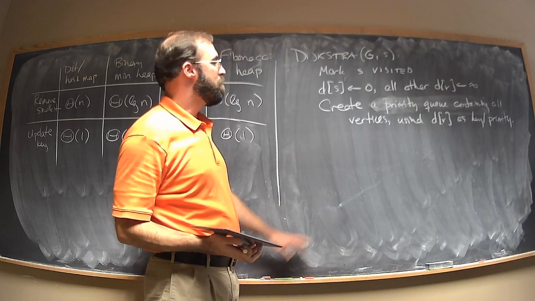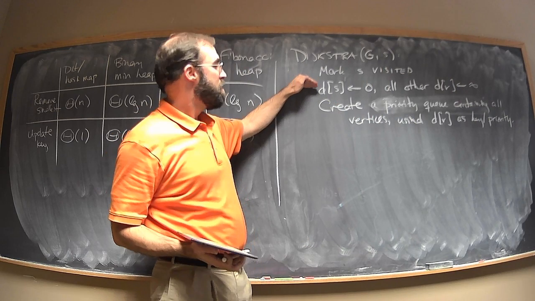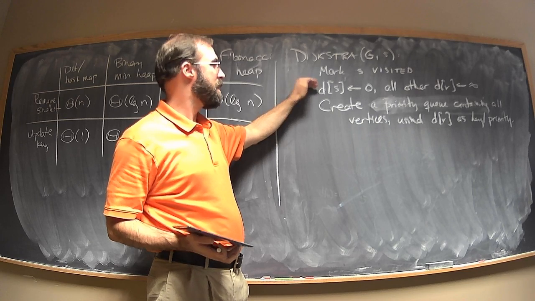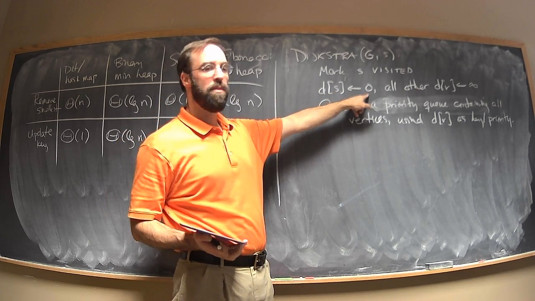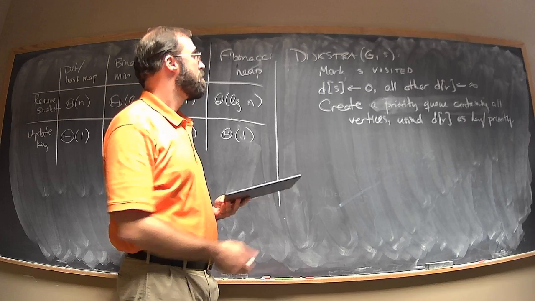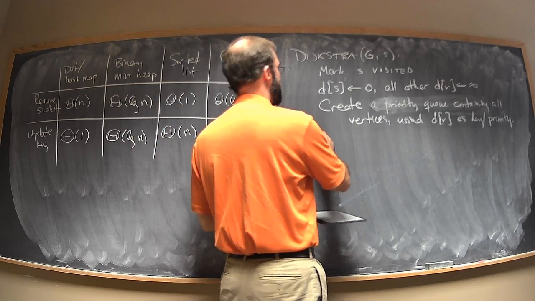Okay, and notice that it works because the very first time through the loop, when we go to pull something out of the priority queue, we're going to get S, because it has priority 0 and everything else is infinity, so it's going to be the smallest. So that will work out.